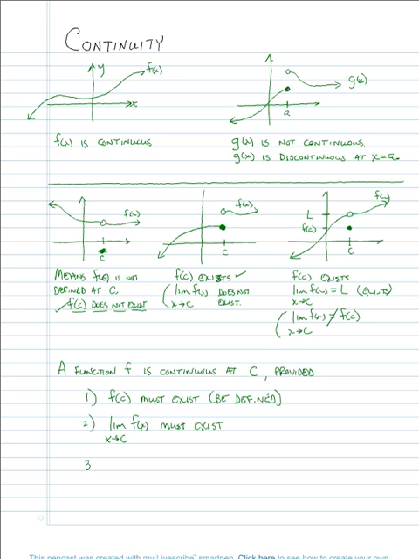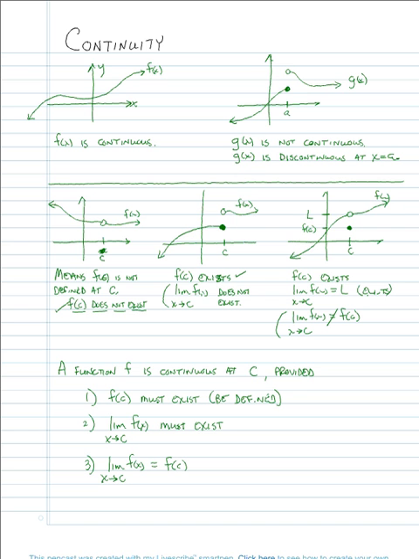And the third condition that must be true prevents the third situation we see in the third graph. And that is, not only does the limit have to exist, the limit of f of x as x approaches c must be equal to f of c. In other words, there shouldn't be a hole in that position.